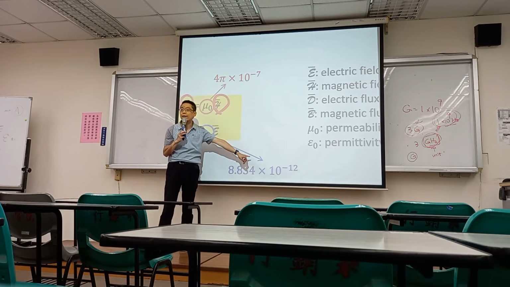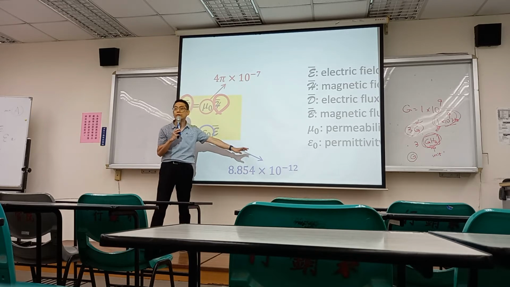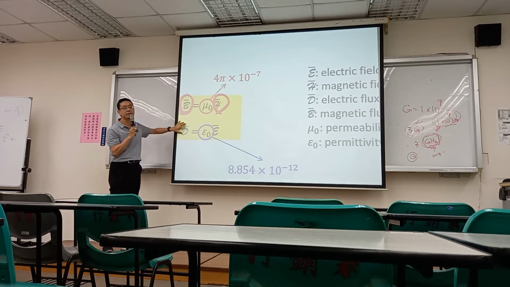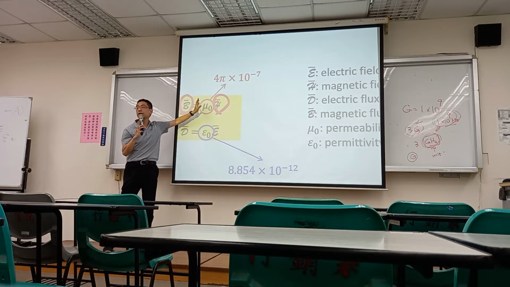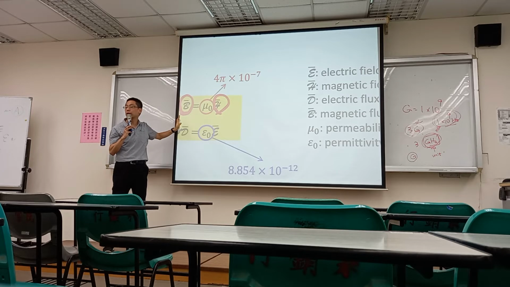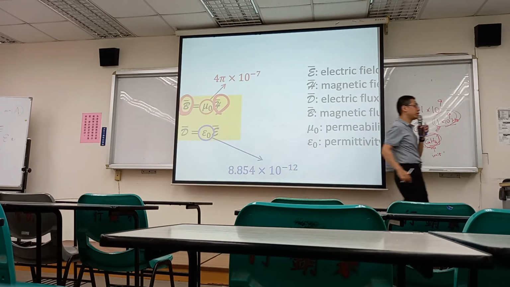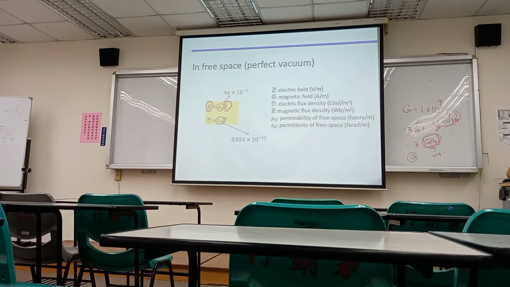So this is the relationship between the E field and H field and their flux densities. Okay? So, come back here. You can see here.